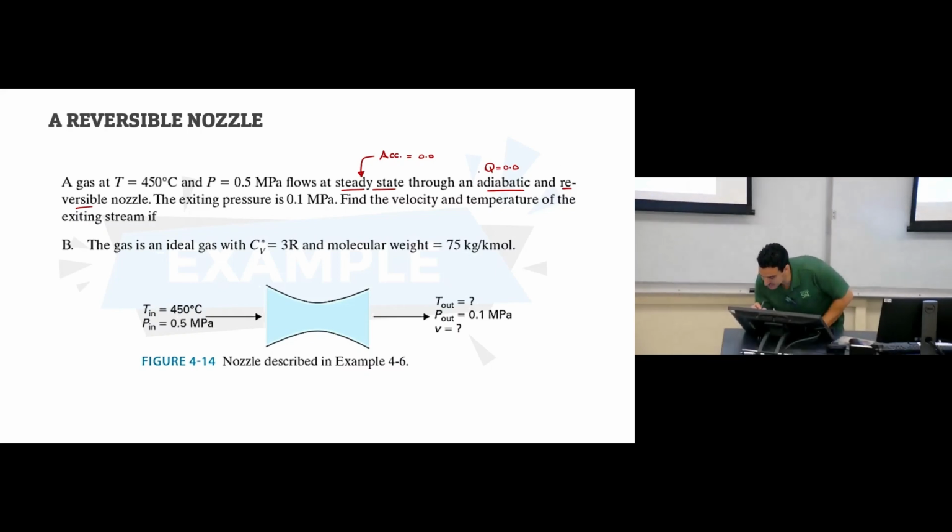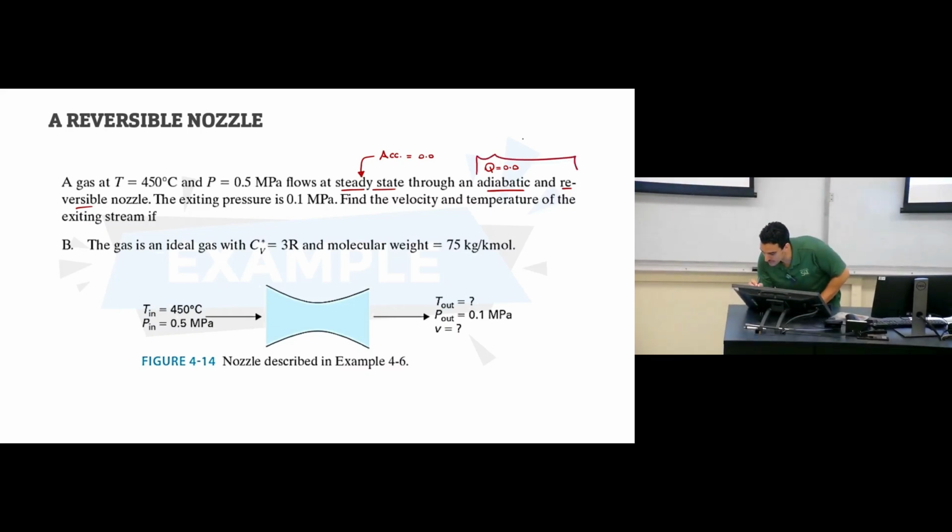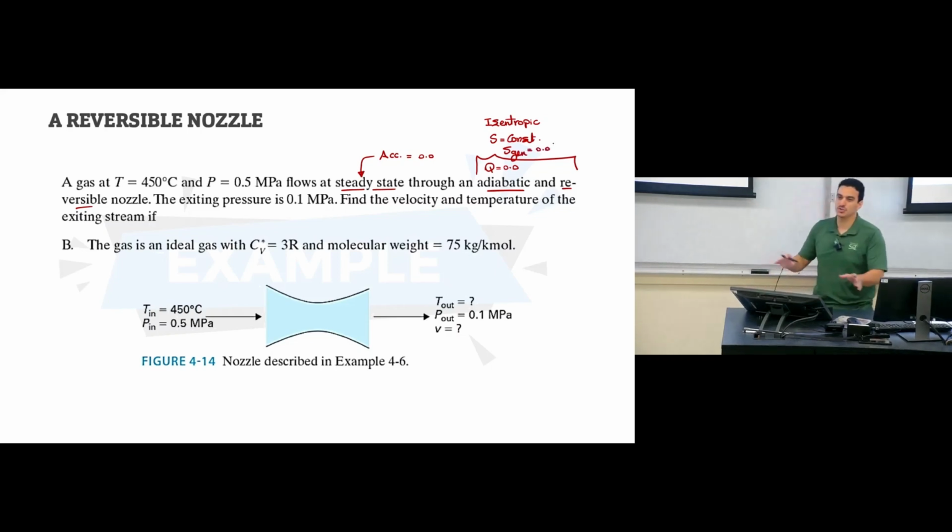So according to this description, reversible adiabatic is equivalent to isentropic, and isentropic means entropy is constant and the entropy generation term is equivalent to 0. There is no generation of entropy.